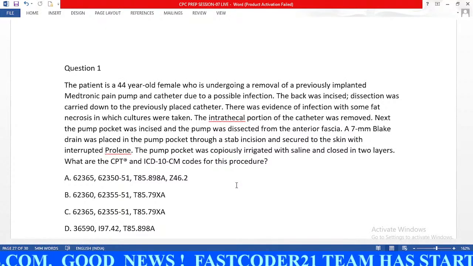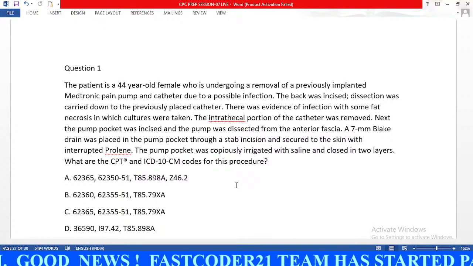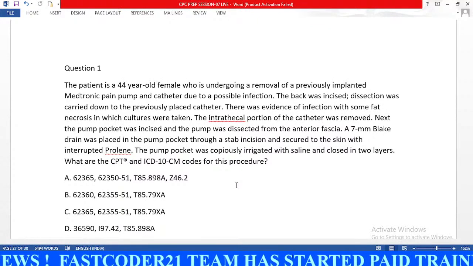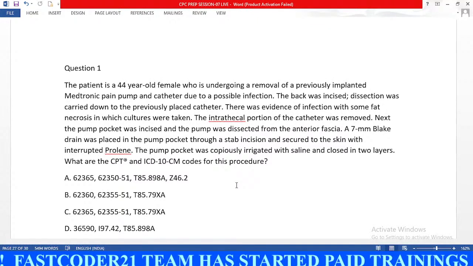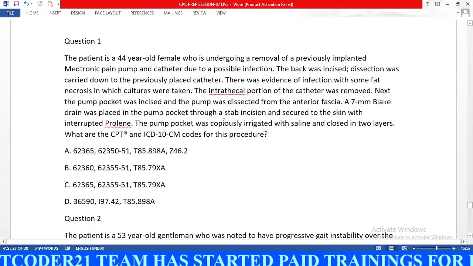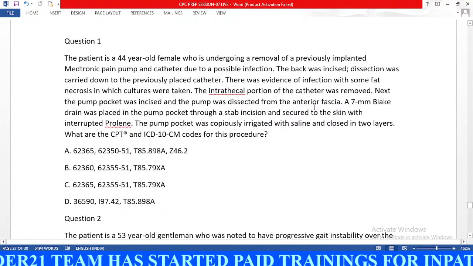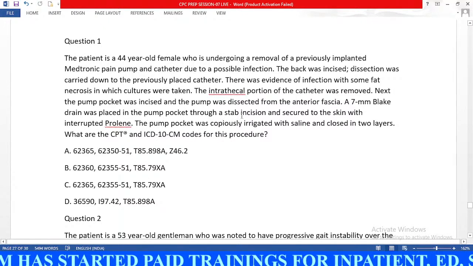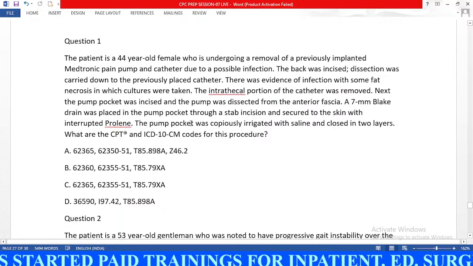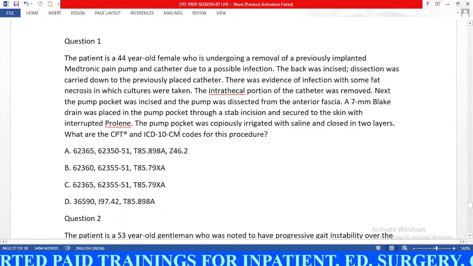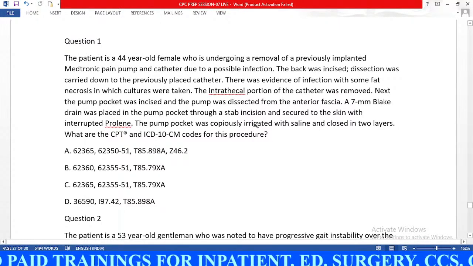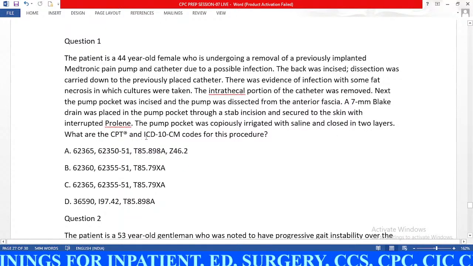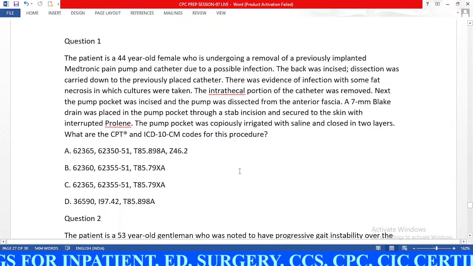There was evidence of infection with some fat necrosis, in which cultures were taken. The intrathecal portion of the catheter was removed. Next, the pump pocket was incised and the pump was dissected from the anterior fascia. A 7 mm Blake drain was placed in the pump pocket through a stab incision and secured to the skin with interrupted Prolene. The pump pocket was copiously irrigated with saline and closed in 2 layers. What are the CPT and ICD-10-CM codes for these procedures?